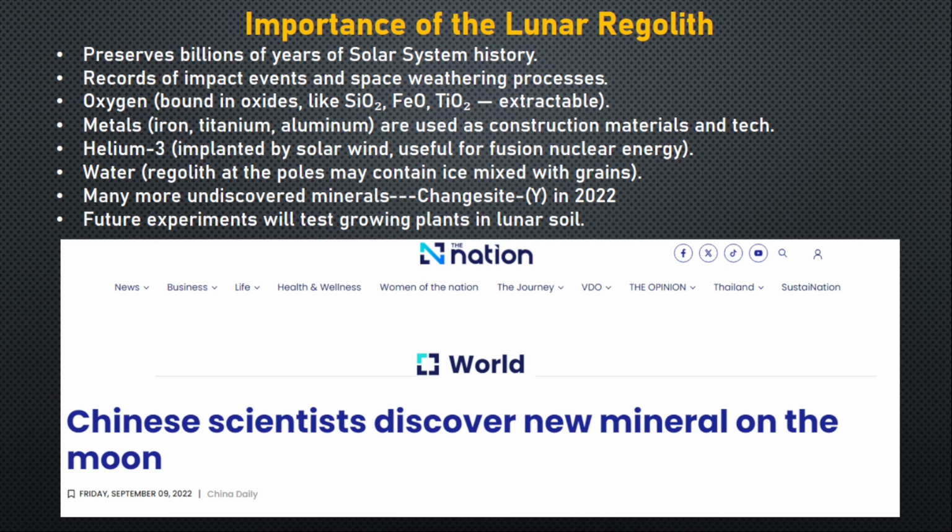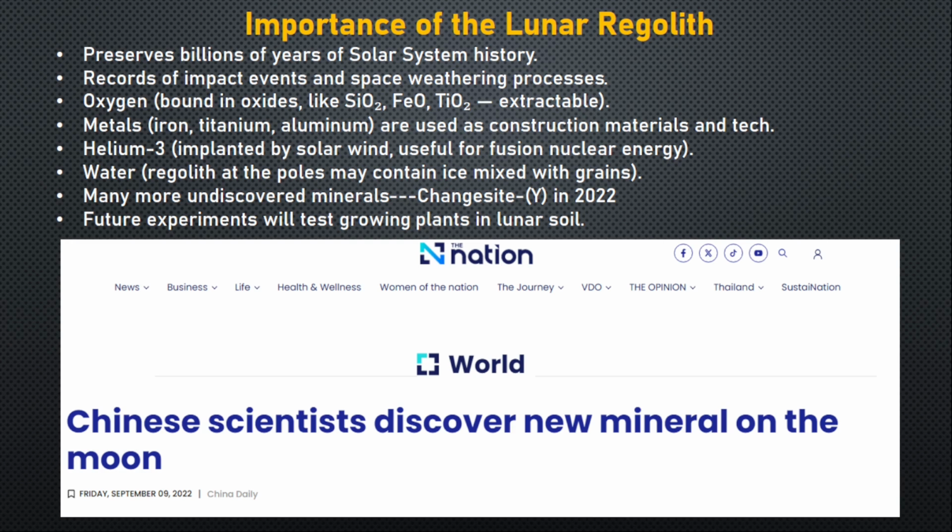Also, there are metals mixed in with the lunar regolith: iron, titanium, aluminum, and many more, which can be used for construction materials and building machine parts. There is also an element called helium-3, which I'll talk about.